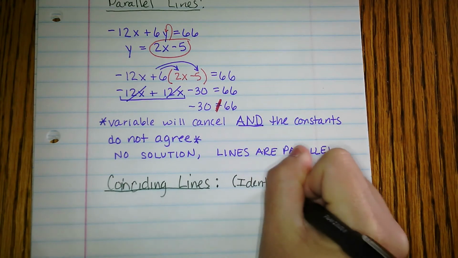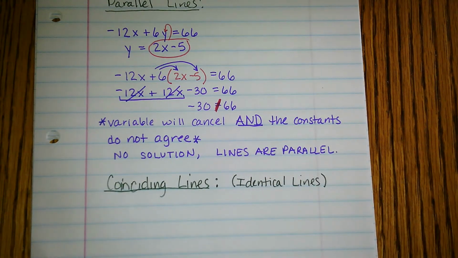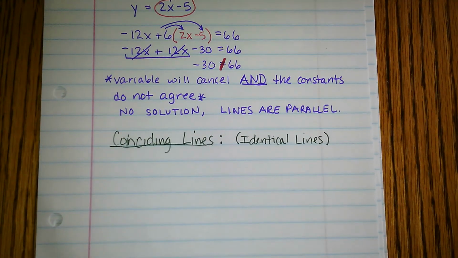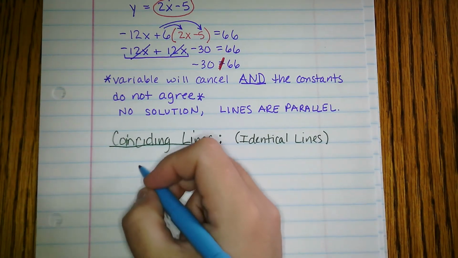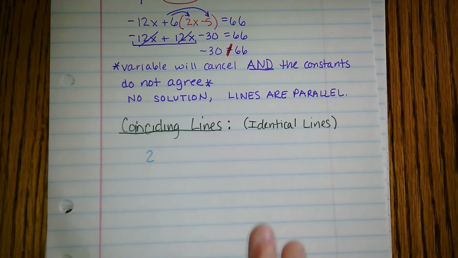And you would think that you would be able to identify when lines are coinciding, but sometimes when we're in it and they're telling us to solve using substitution or elimination method, we don't recognize that. Plus, we have to show our work. For the coinciding example, I'm going to set it up for the elimination method, so you'll be able to see what it looks like and how to handle it.